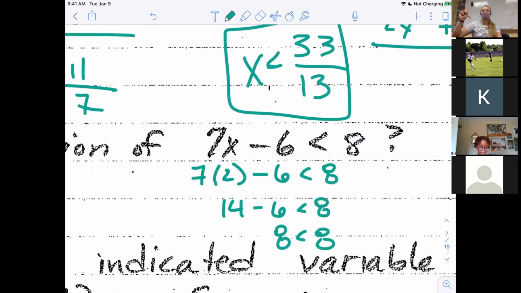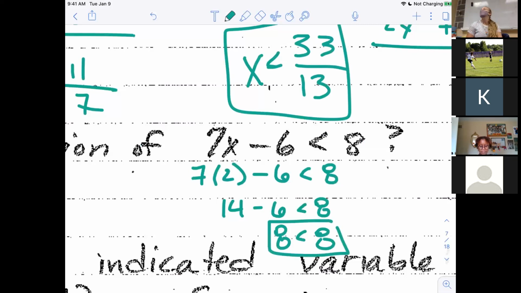Step 1, plug it in. Step 2, solve. Step 3, decide if it's true or not. Does anyone think they know? It's a no. Why? Is 8 less than 8?